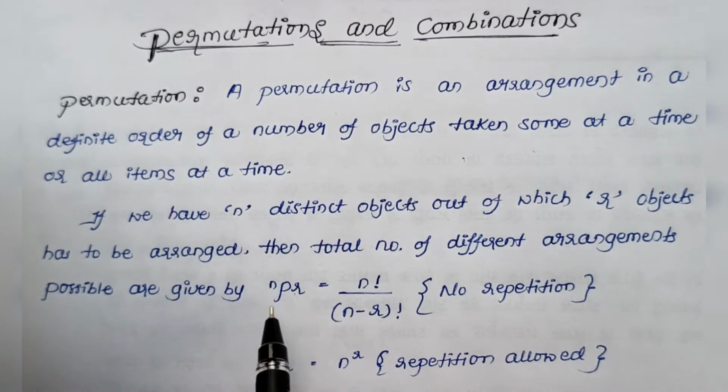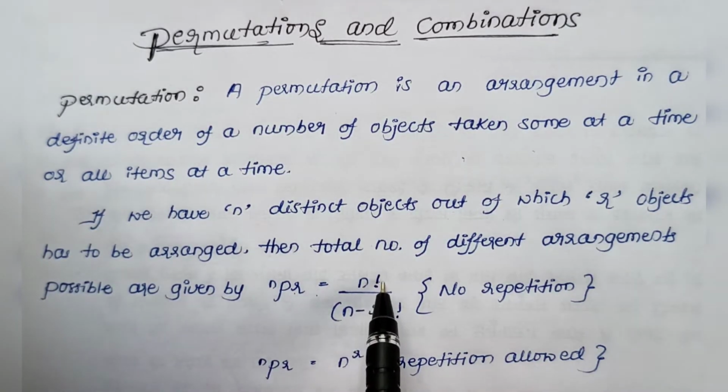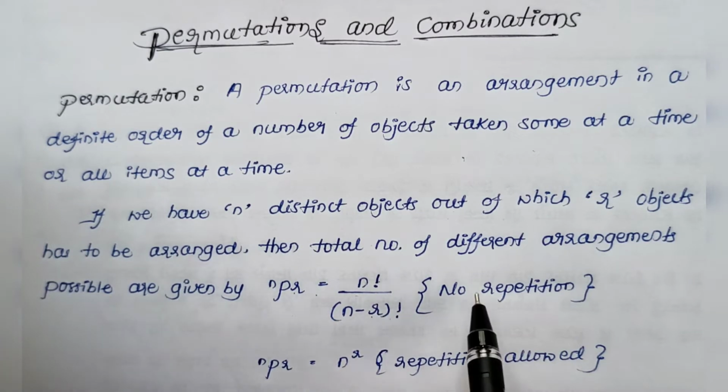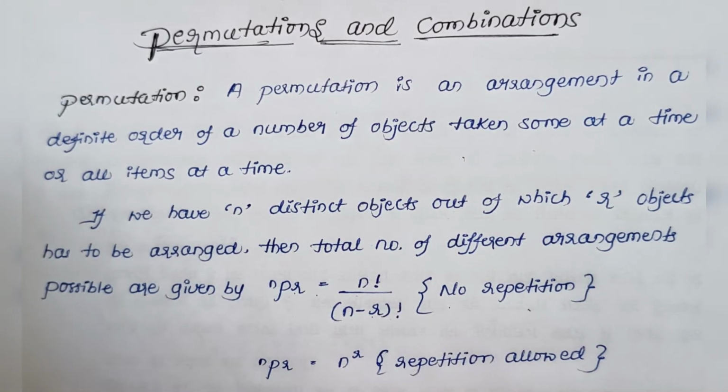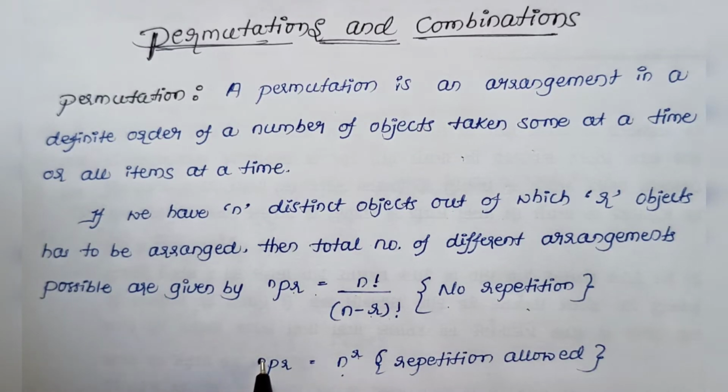We denote it by nPr, which is equal to n factorial by n minus r factorial. The condition is no repetition, meaning no objects are repeated. If repetition is allowed, then nPr is equal to n raised to r, where r is the number of objects taken out of n objects.